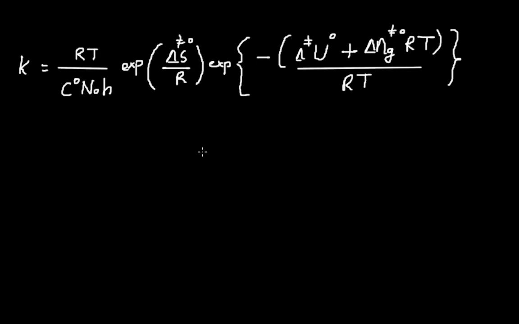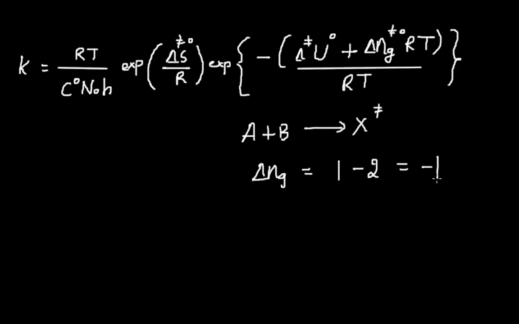And for this particular thing, if you take a simpler reaction, what is your delta Ng? Delta Ng represents a change in stoichiometric number of gaseous molecules in going from reactants to the activated complex. Okay, the activated complex is one, and the reactants are two, so therefore delta Ng is minus 1.